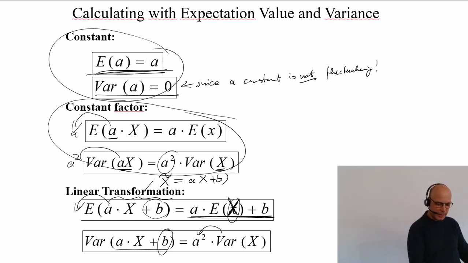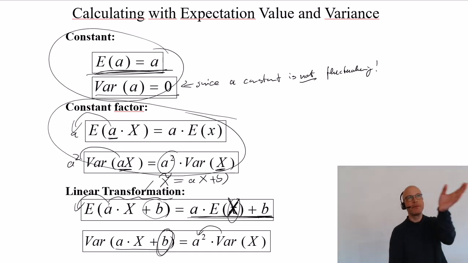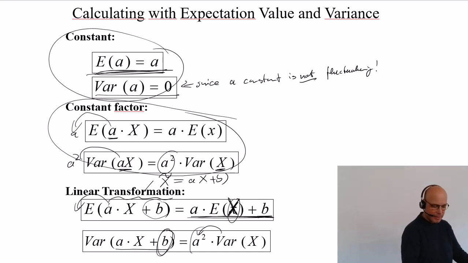So to speak, our shift to the right or left of our random variable vanishes. This doesn't change our variance, but if we multiply our random variables, then we have to multiply our variance by the square of this multiplication factor.